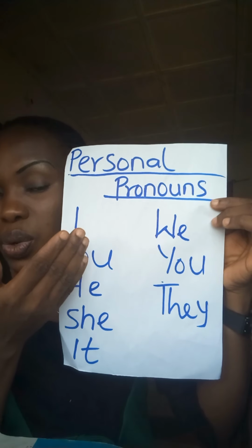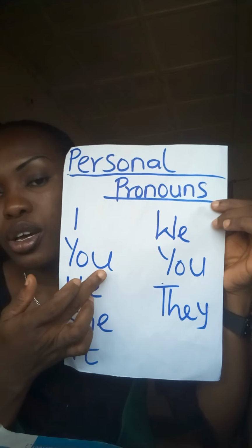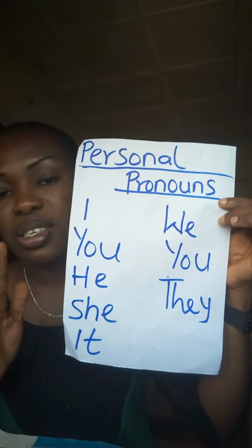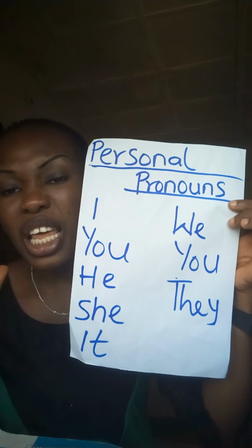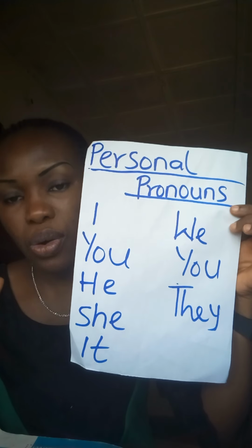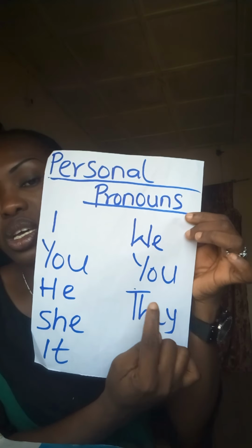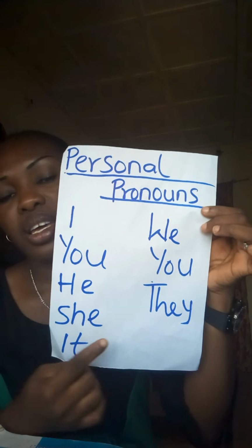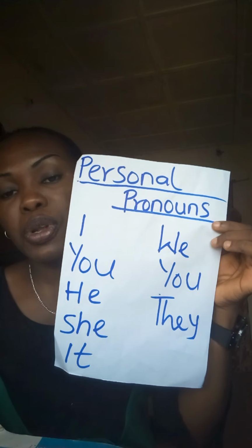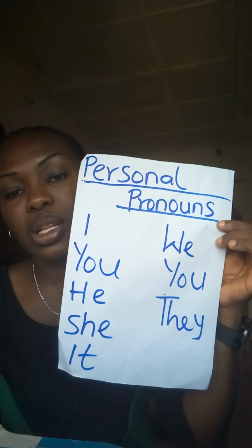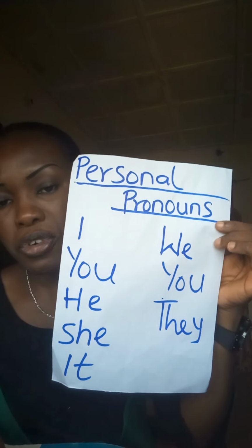We have the singular ones: I, you, he, she, it. These are singular. They take the place of one noun or one noun phrase. And these other ones, we, you, they, are plural. They take the place of more than one noun or more than one noun phrase.